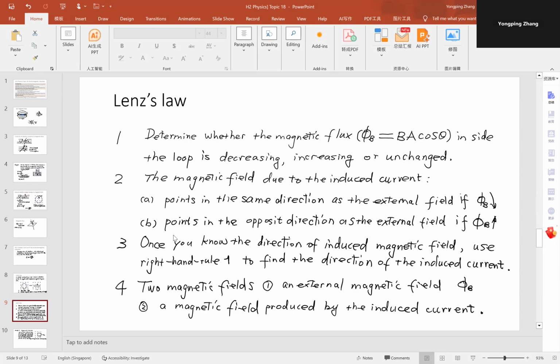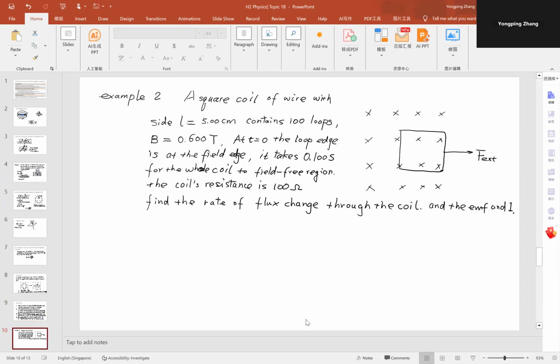So we can determine the magnetic field produced by the induced current. Then use the right-hand rule to determine the induced current.